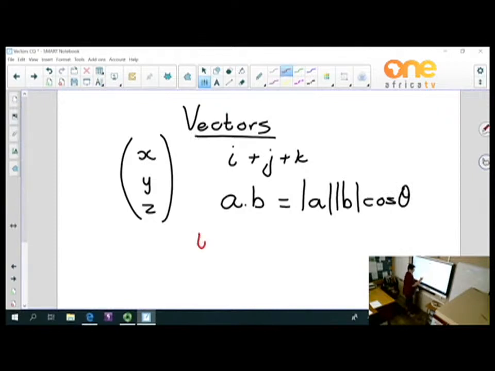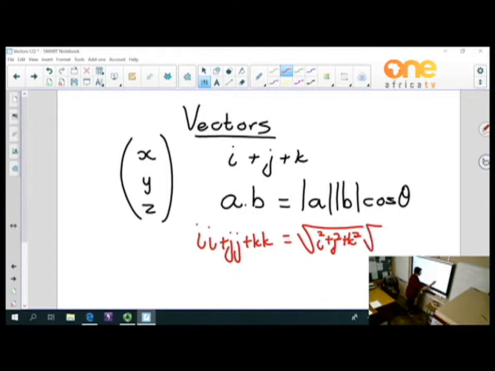a dot b means i1 i2 plus j1 j2 plus k1 k2 is equal to, magnitude is Pythagoras, so it's then i squared plus j squared plus k squared, multiplied with the second vector, i squared plus j squared plus k squared, cosine theta.